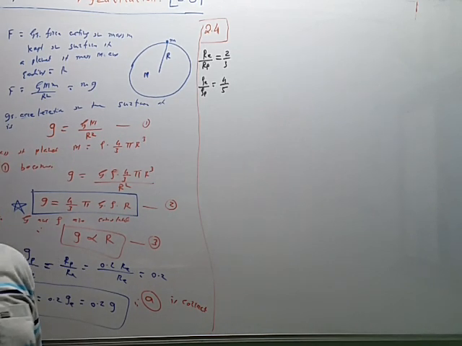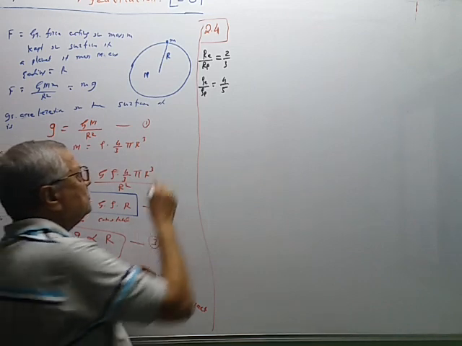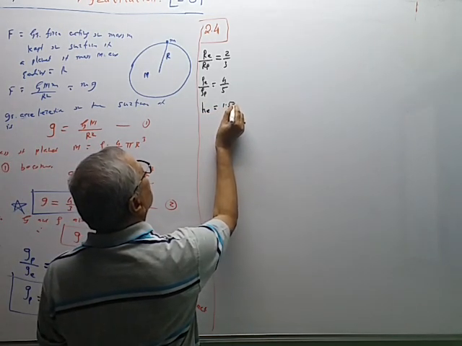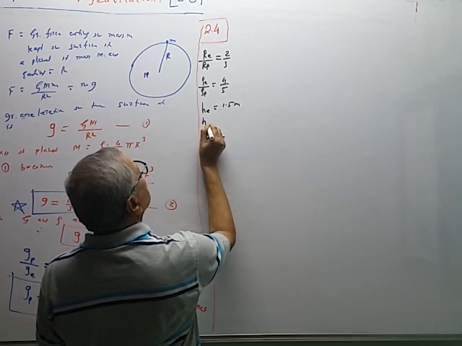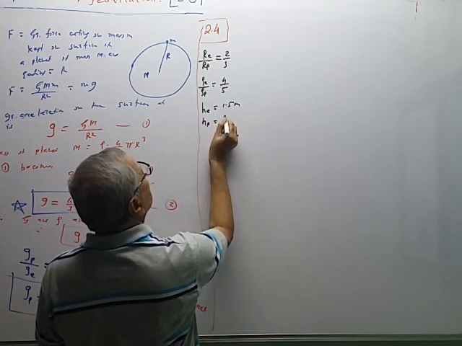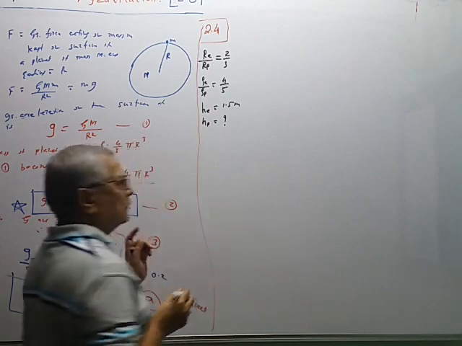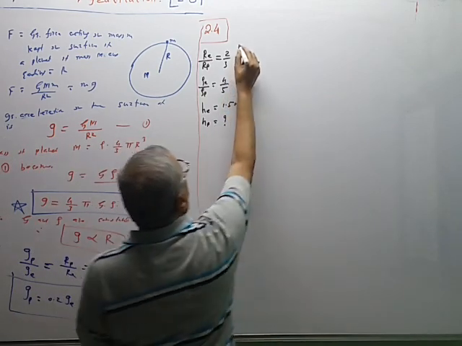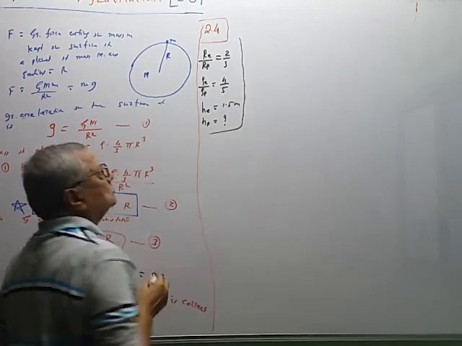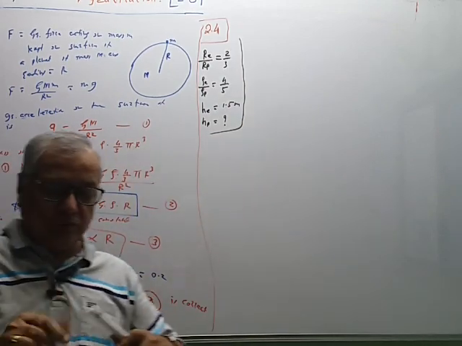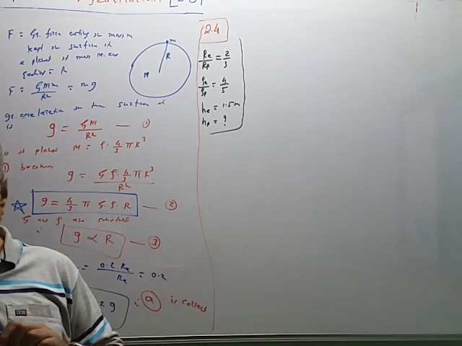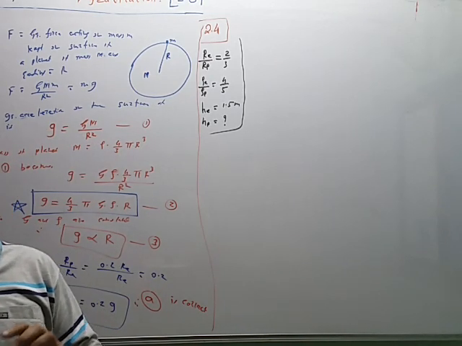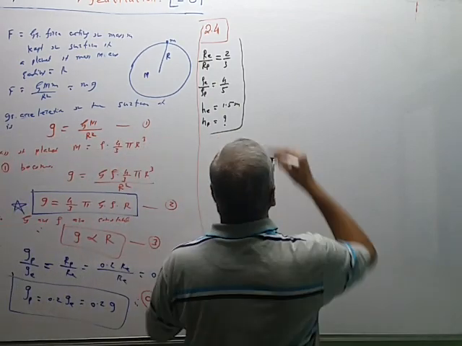Then height on the Earth is 1.5 meters. Height on the planet Hp is equal to question mark. So the astronaut jumps with the same effort.